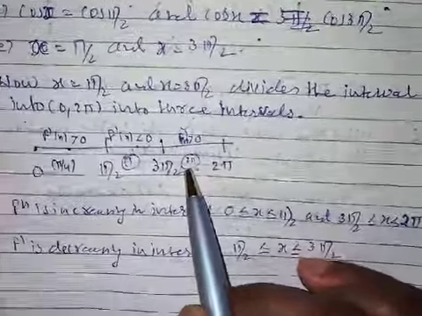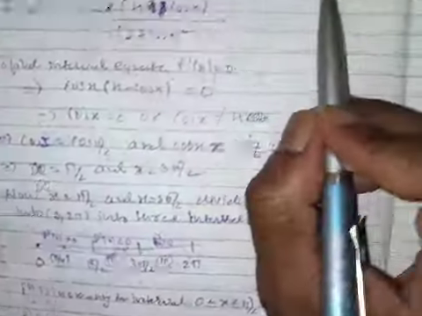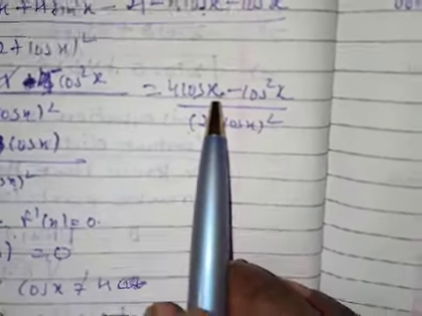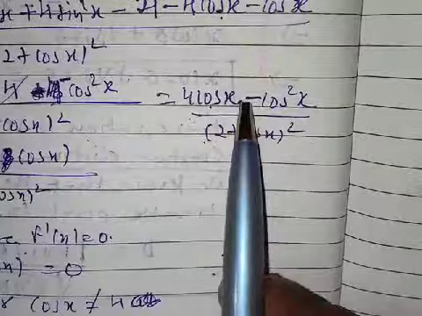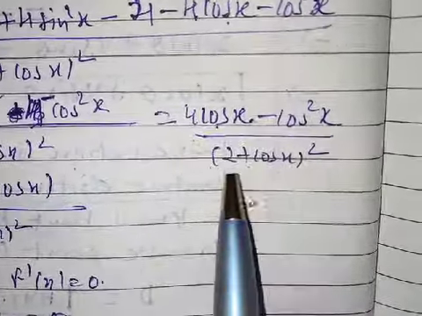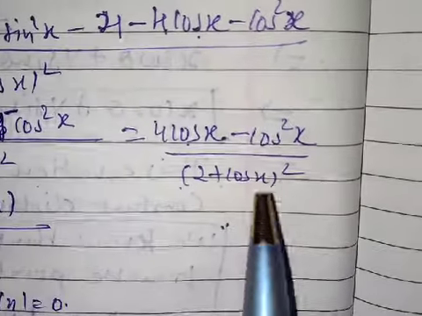Check for 2 pi. 2 pi is a plus 1, so 1, 4. Here 1, 4, so 3. Here 1 plus 2, 3, 3 square. Is it clear?